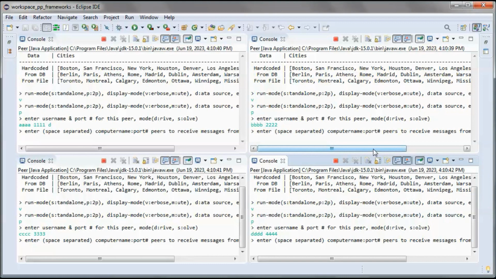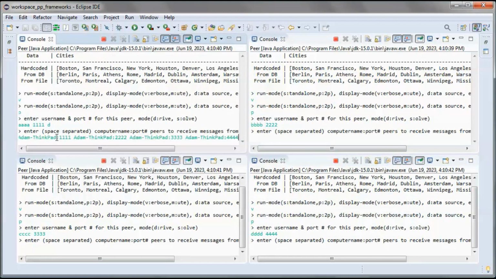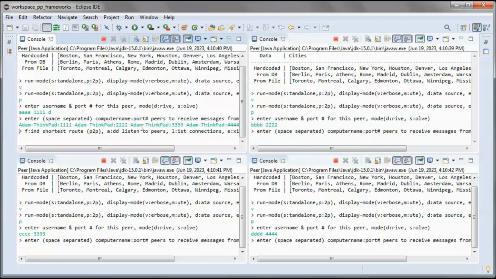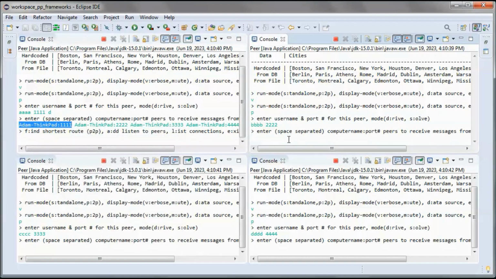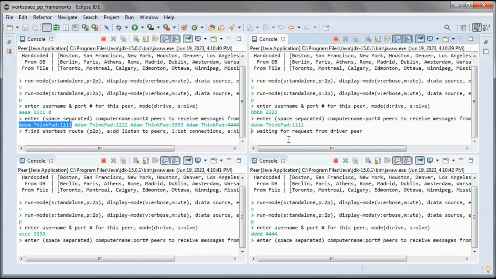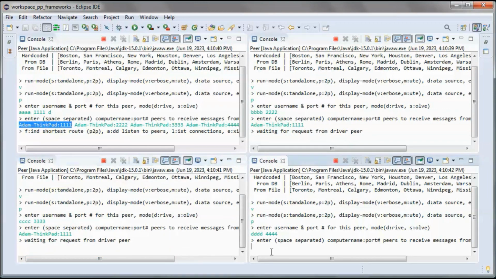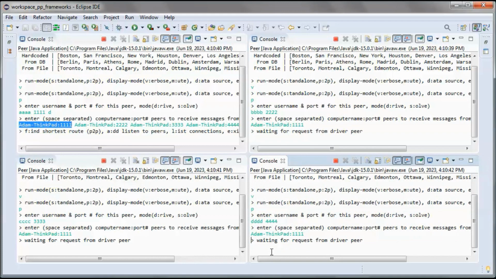And the driver peer will be picking up messages from all 3 other peers, and each one of those three peers will be picking up messages from the driver peer, and they all are running in verbose mode.